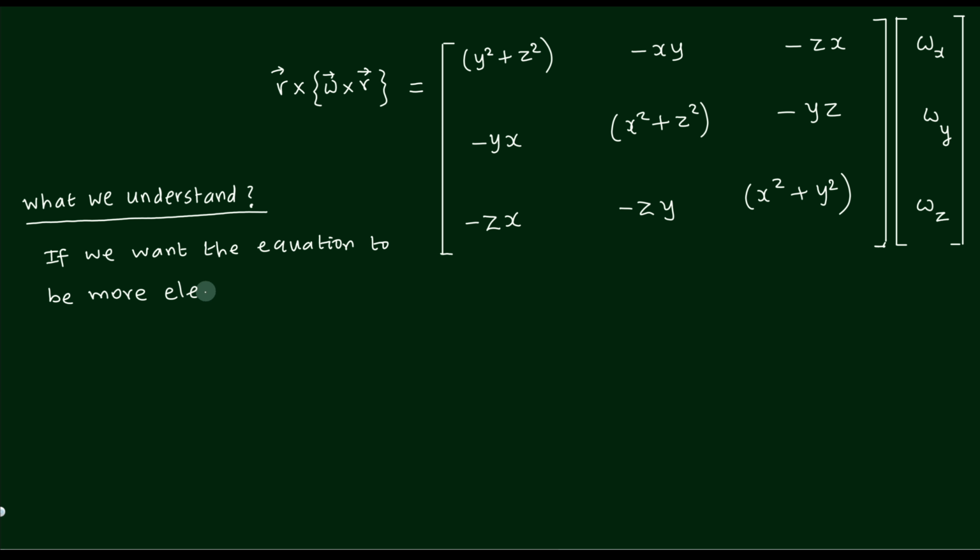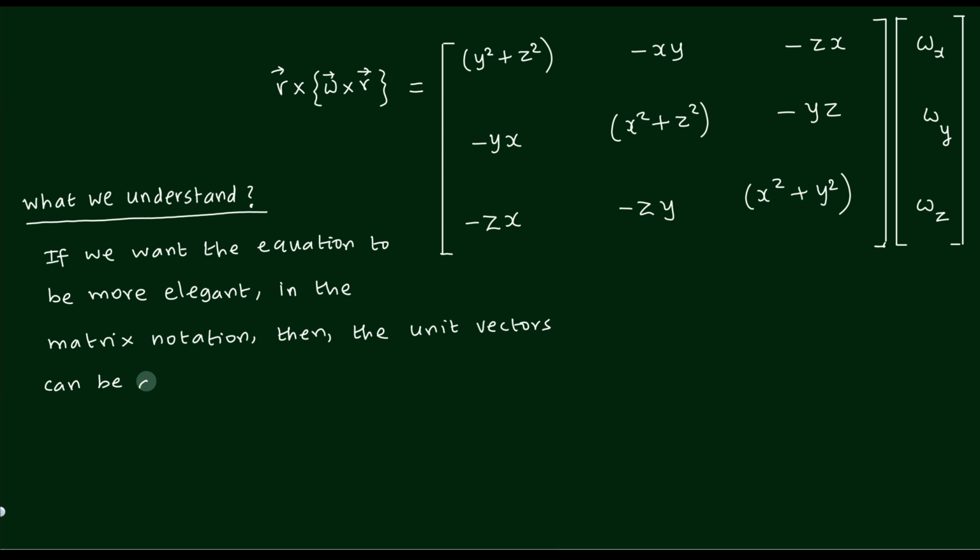So this point I would like to write down so that you can feel what I am trying to explain to you. If you want the equation to be more elegant, then in the matrix notation, unit vectors can be attached to the diagonal elements only. Unit vectors can be attached to only the diagonal terms.